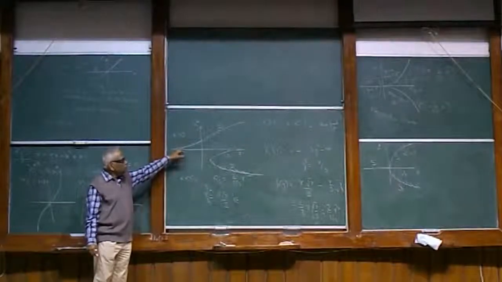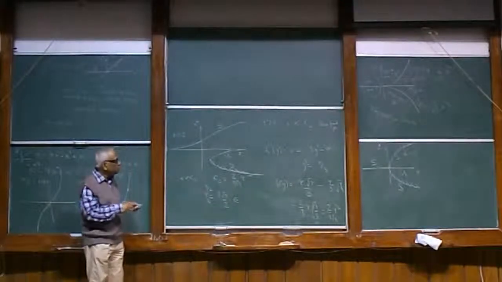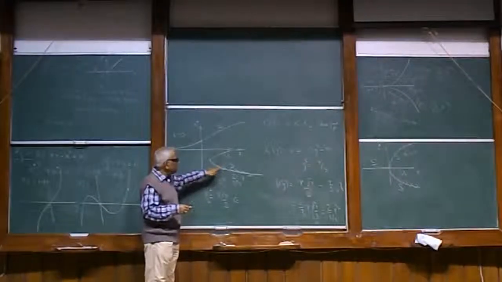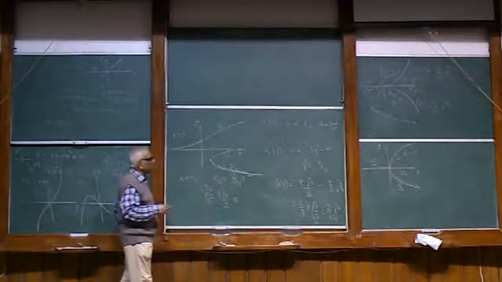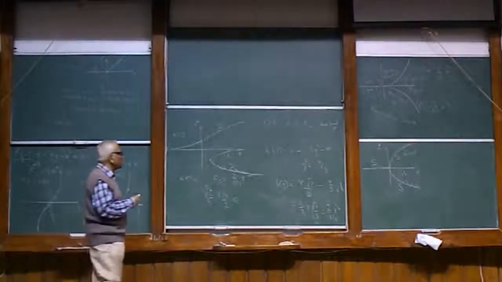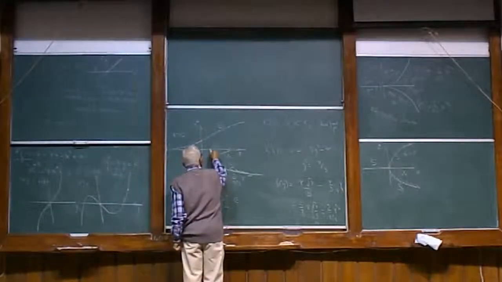So this is always going to remain a stable branch. Now, what happens is that there is a possibility of the emergence of this new fixed point at a certain critical, non-zero critical value of R.